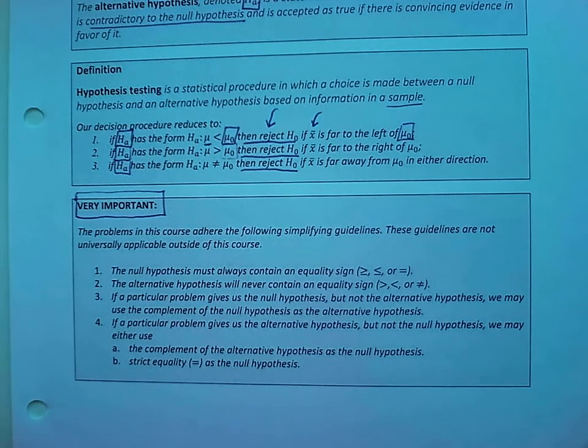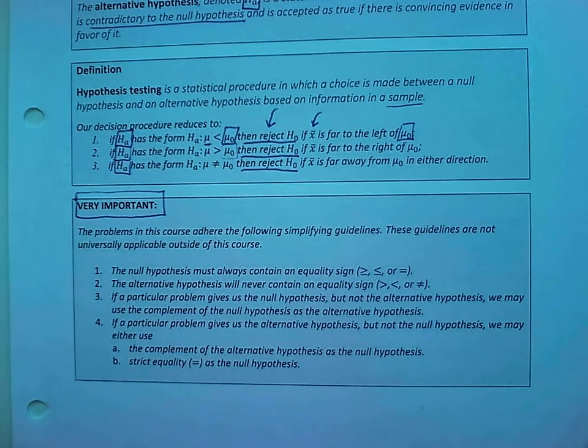So that's why this step is extremely important, right? How do you take a phrase that says the Tar Heels are going to win the national championship, and how do you take that phrase and put it into math symbols? How do you take the phrase, I believe that the average height of all students at UNCC is 5'11"? How do you take that statement and put it into math symbols so that we can start doing math stuff to it to determine whether or not we're right or wrong? And that's what we're doing right here.